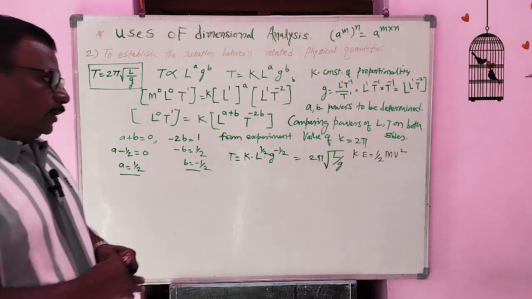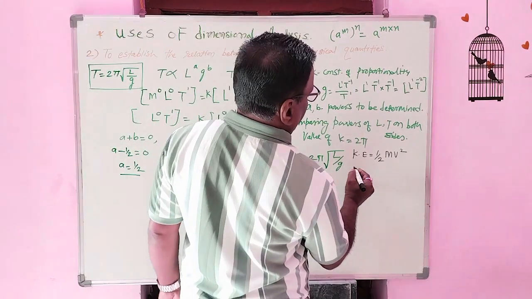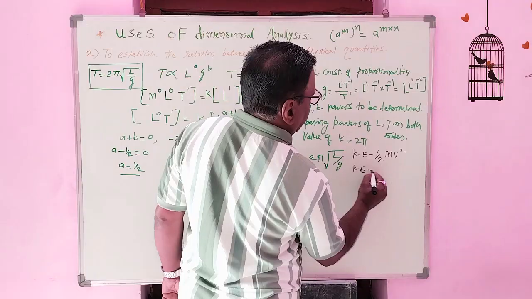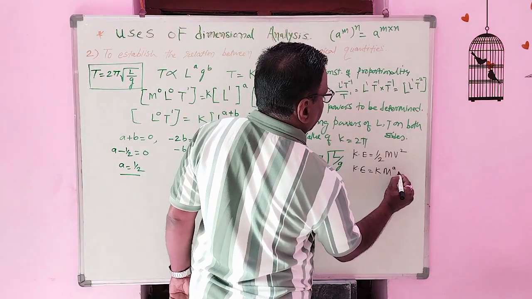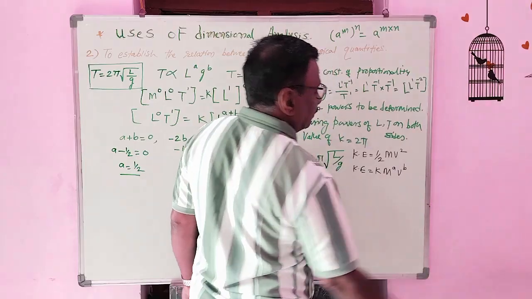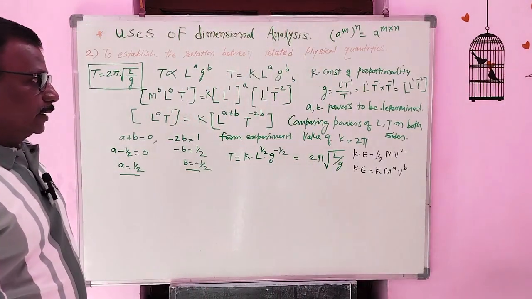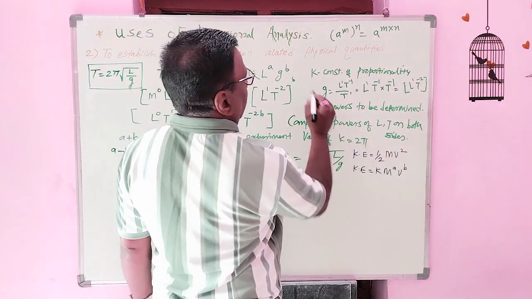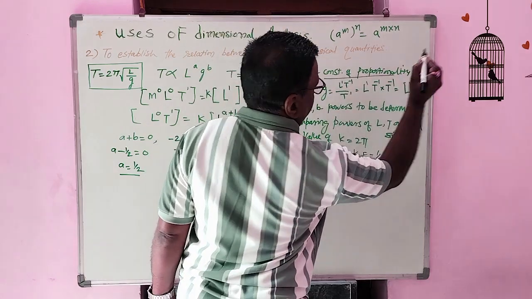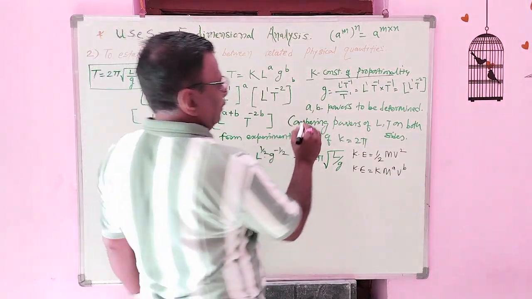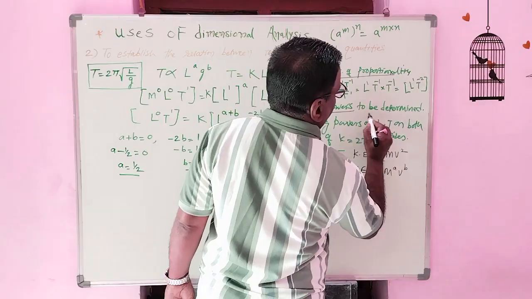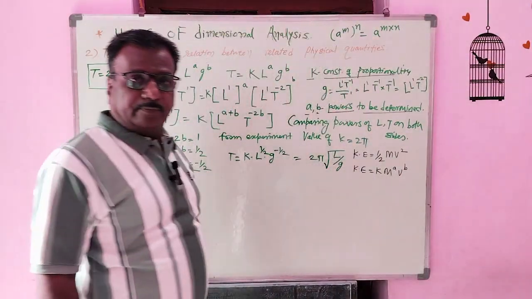Now we can write here kinetic energy is equal to K m raised to power a v raised to power b. Here K is called the constant of proportionality. Then a and b are known as powers to be determined.